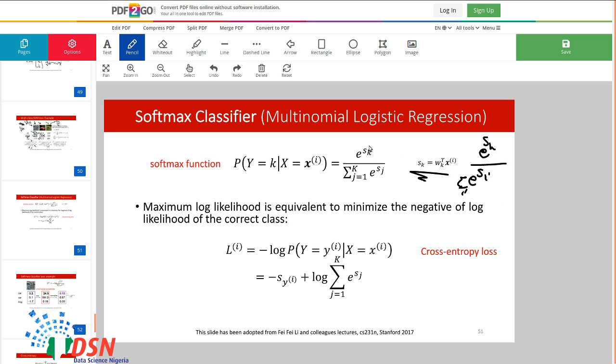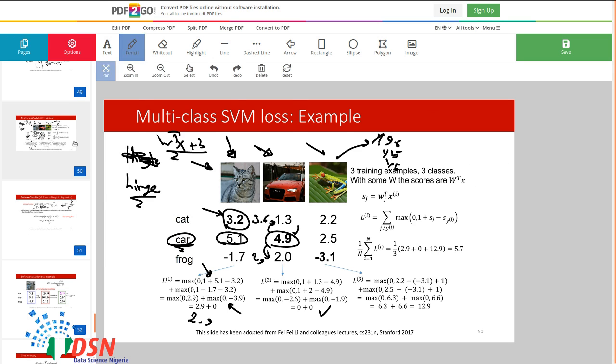The reason for doing that is that by exponentiating, you are guaranteeing that everything will be positive. And when you divide by the sum of all the exponents, it guarantees that the sum of all the probabilities will be 1.